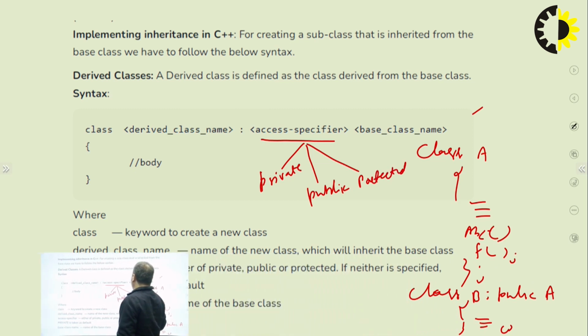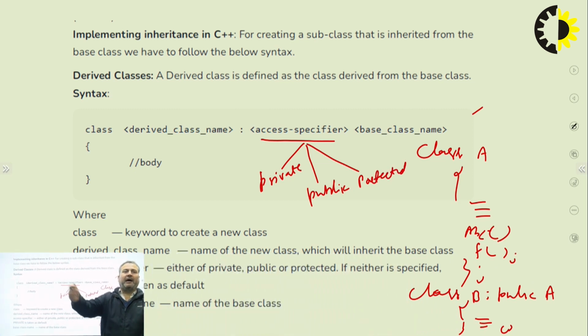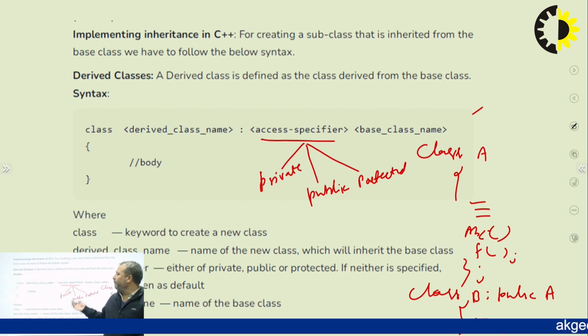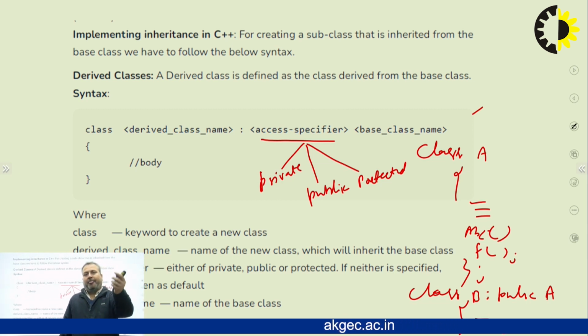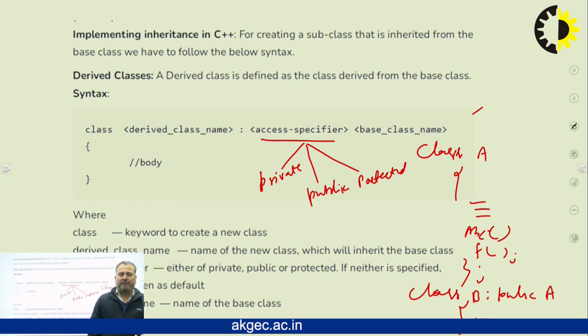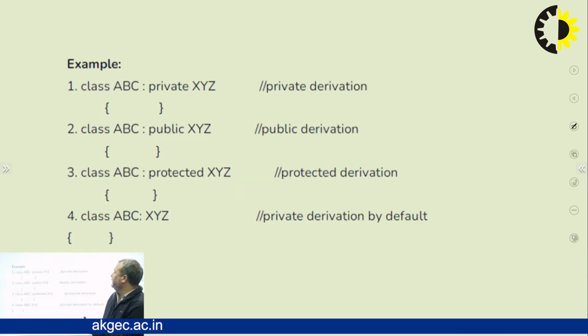Depending on how we are going to inherit the features of the base class, we could use private, public, and protected mode. So basically there are three modes we can take as an access specifier: one is private, second is public, and third is protected. They differ a little.